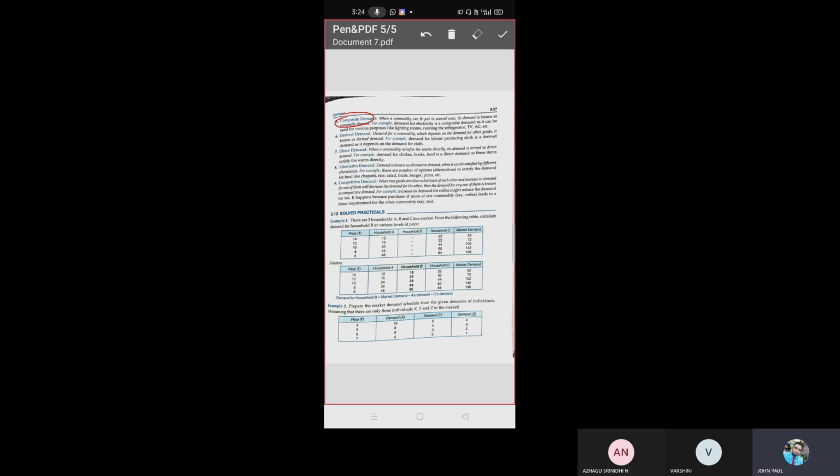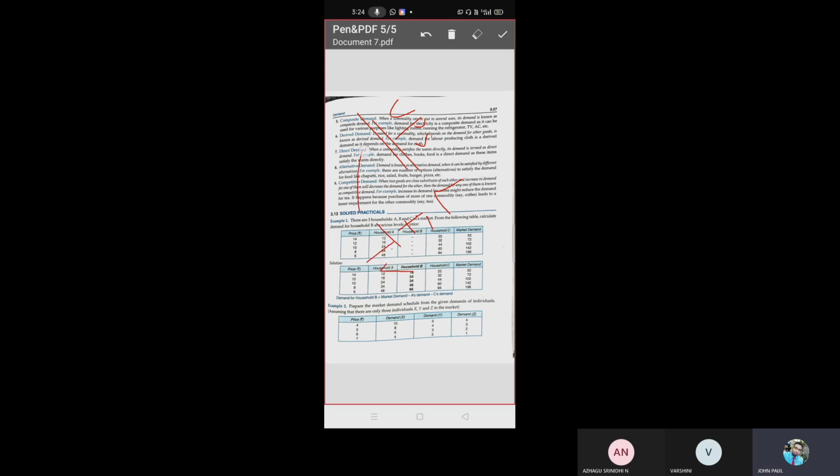Then composite demand. What is composite demand? A single commodity can be used for multiple purposes. For example, electricity, or UPS or inverter. UPS is required for light, for fan, and for watching TV.